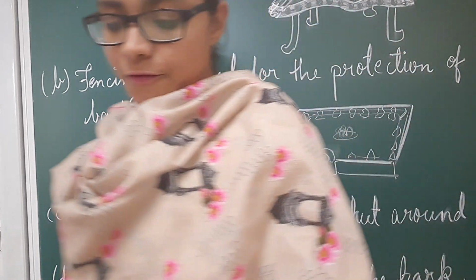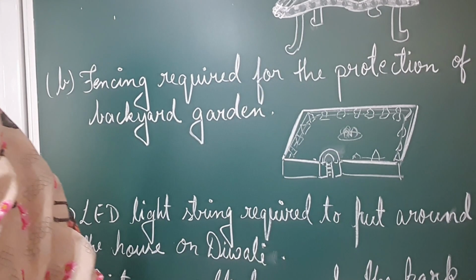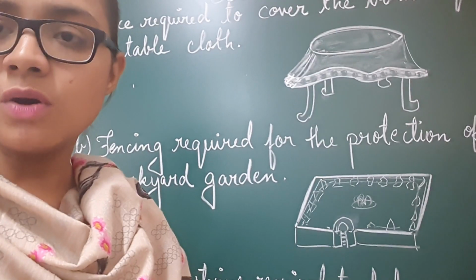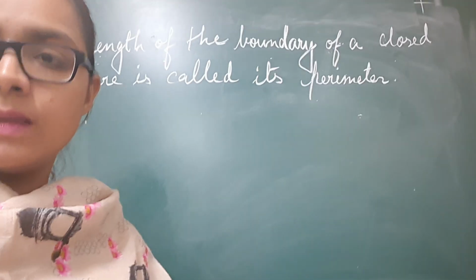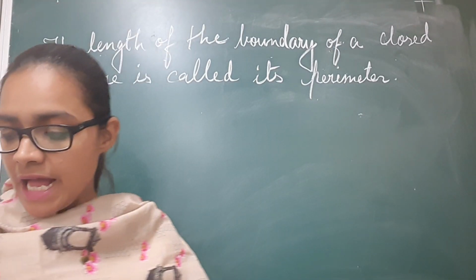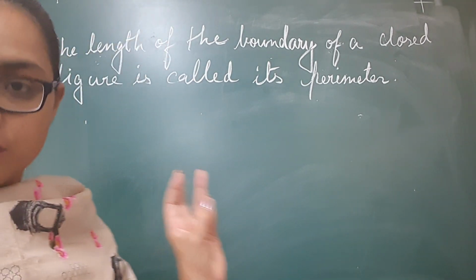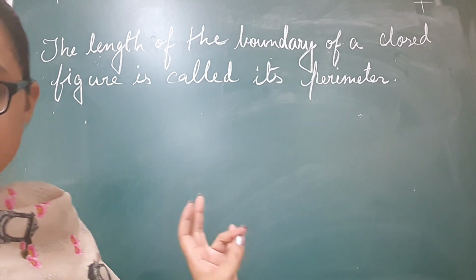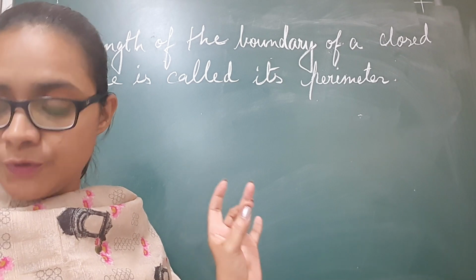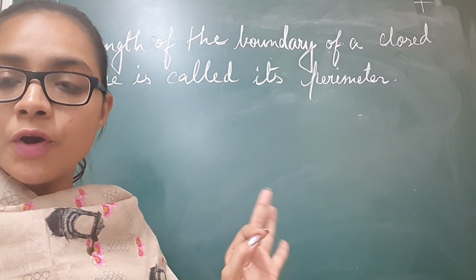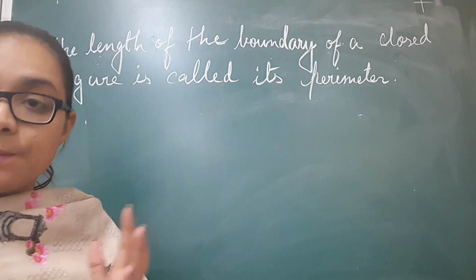So we have come to know that the length of the boundary of a closed figure is called its perimeter. Every closed figure has a boundary. The tablecloth, the fencing of the backyard, LED lights on the roof, and walking around the park are all considered boundaries.